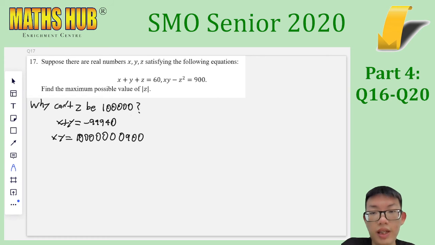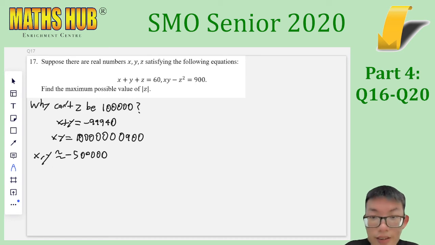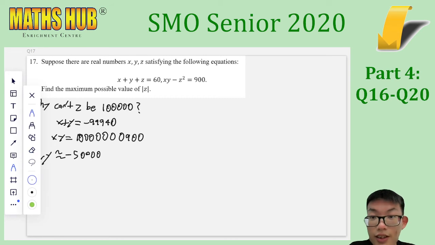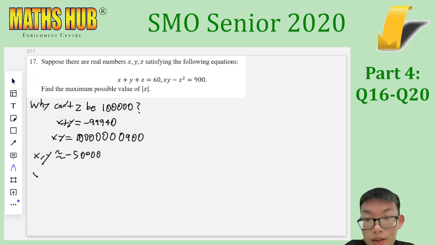Well, there is quite apparently no way that you can choose x and y to get the product so big. So if x plus y is fixed and you want to make the product large, x and y are both going to be about half of this, so around negative 50,000, then x times y would be about 50,000 squared. But this here is roughly 100,000 squared.